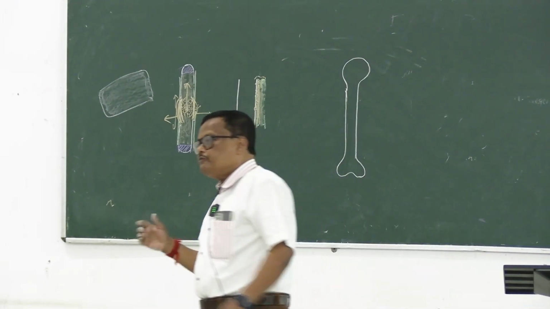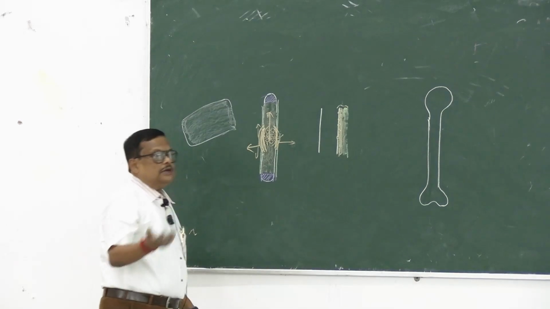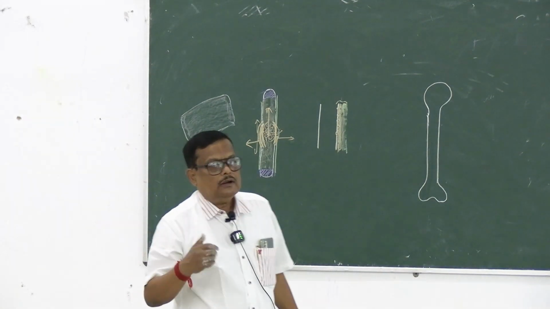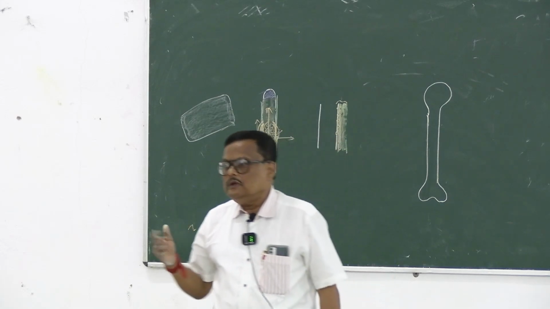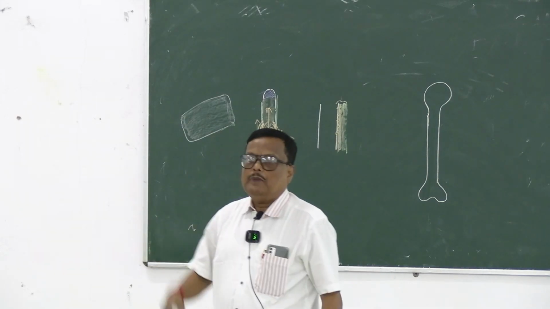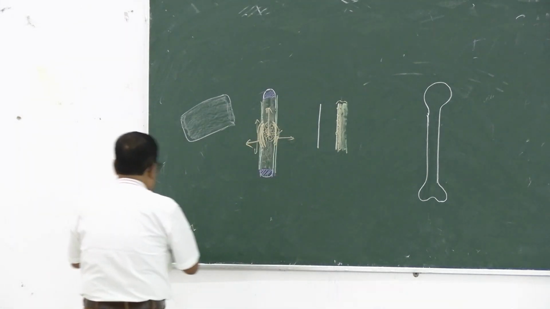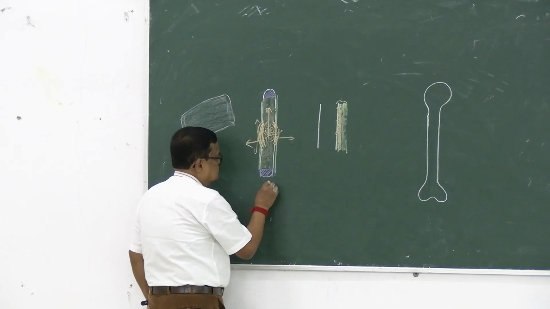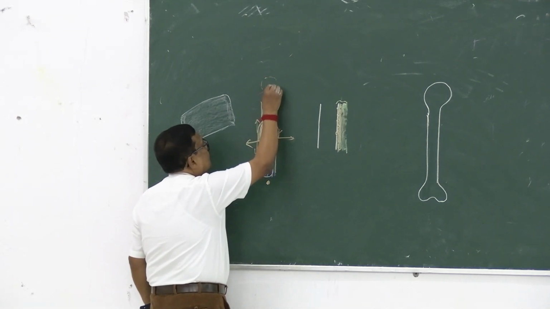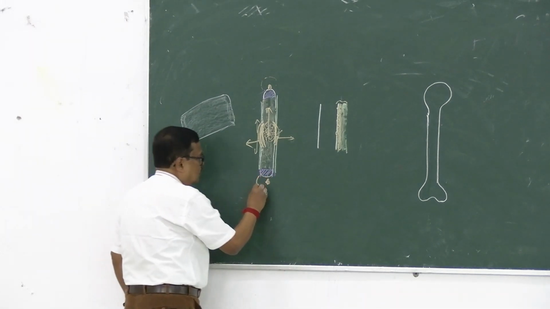Right? Now, after birth, in some bones at 1 year, in some bones 2 years, in some bones 4 years, in some bones 5 years, etc., due to the pressure effect, due to the pull of muscle, another center of ossification is produced here. It is also a cartilaginous model, and they produce bone.